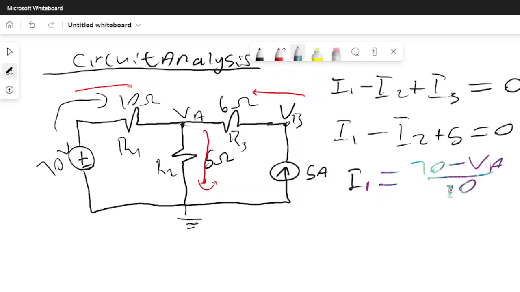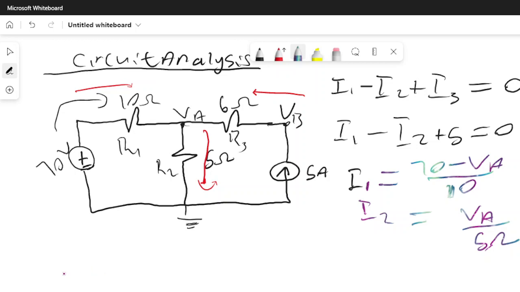This is current I1. Now current I2 is equal to VA over 5 ohms. Now I'm going to replace I1 and I2 in that equation and see what we have.